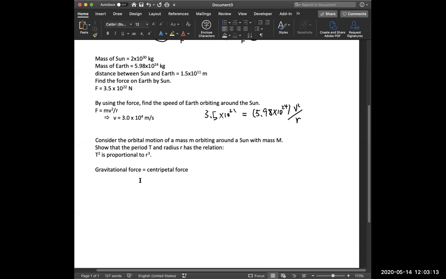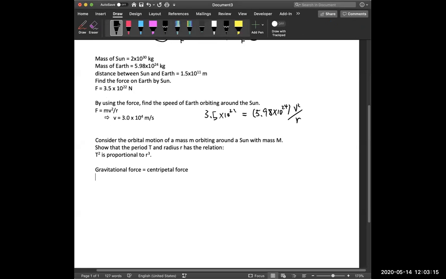Actually, this is a past paper question now to ask you to show it. So first of all, the formula for the gravitational force is GMm over R squared.